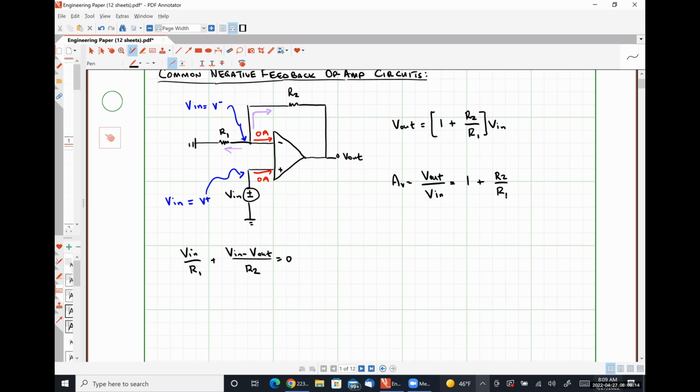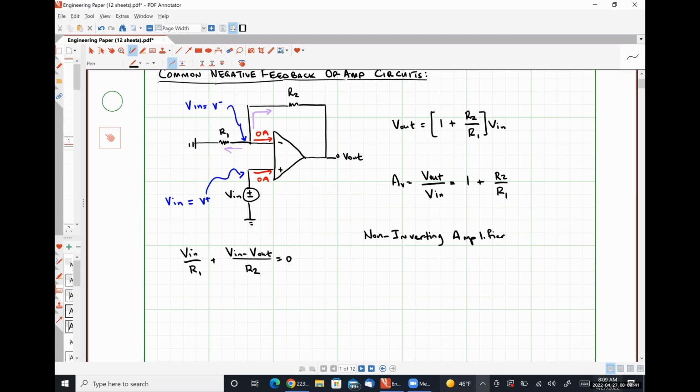So this type of amplifier is what's called a non-inverting amplifier. And it's called a non-inverting amplifier for 2 distinct reasons. The first of which is the input signal is applied to the non-inverting input terminal.